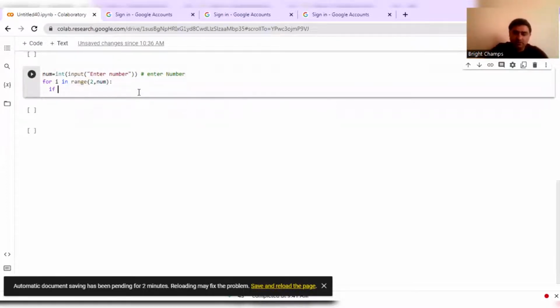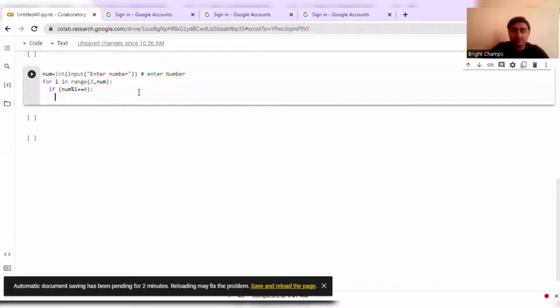Now I apply if my number divided by i double equal to 0. So I apply this condition. If my number, when I divide it by i, gives 0, then I will print number is not prime.